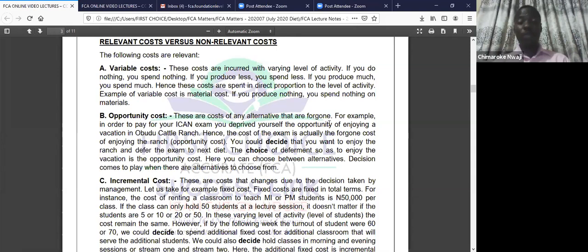The next one we want to talk about is the opportunity cost. What are opportunity costs? These are cost of alternatives that are foregone. For example, the opportunity cost for you to attend this lecture here in Zoom is what you have foregone.